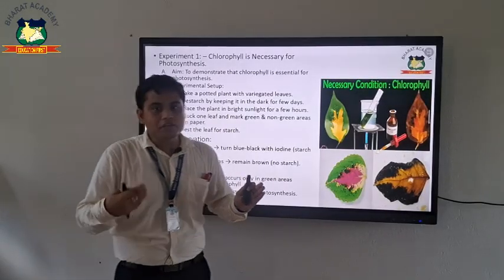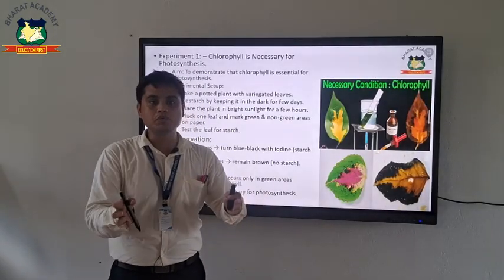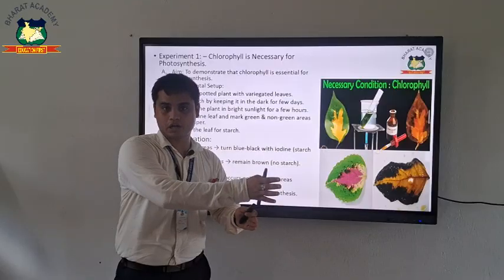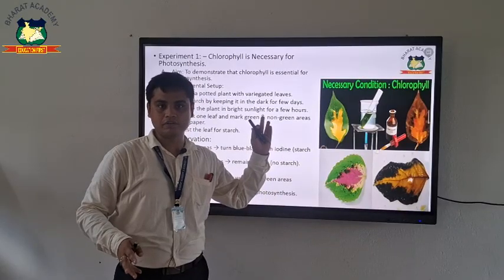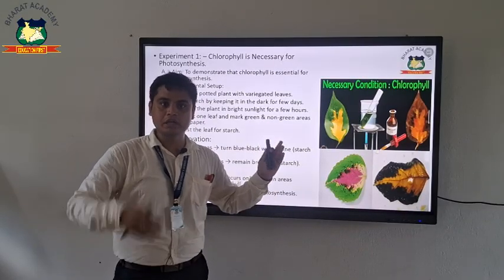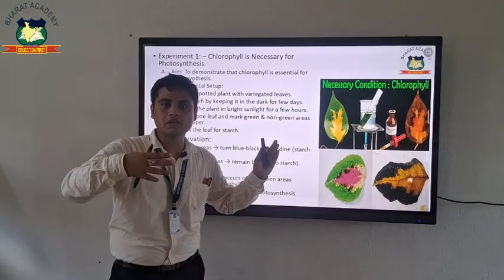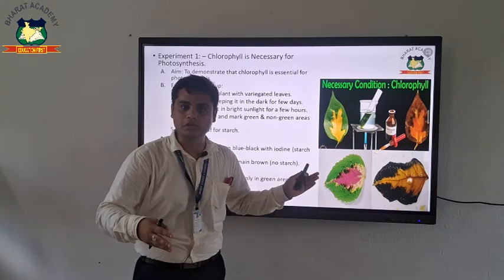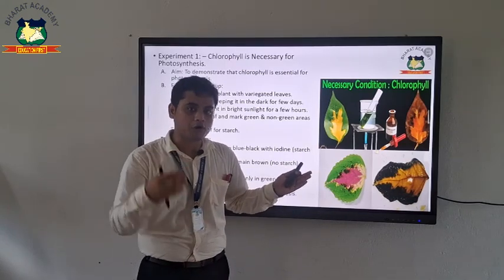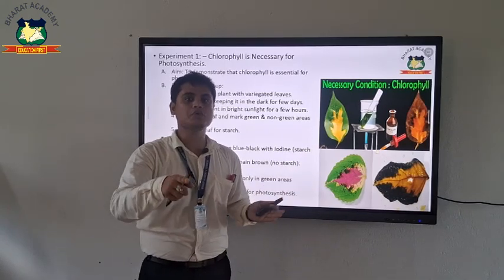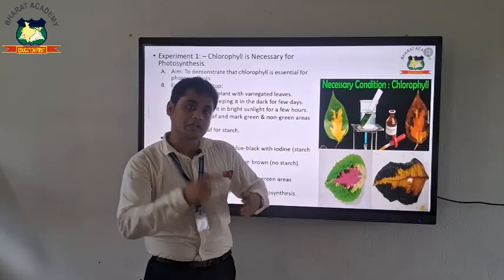De-starch. What is the meaning of de-starch? De-starch means to remove the previously formed starch, because they are living organisms. Photosynthesis is continuously performed within them. So if photosynthesis is performed, that means C6H12O6, that is the formation of glucose, is continuously there.